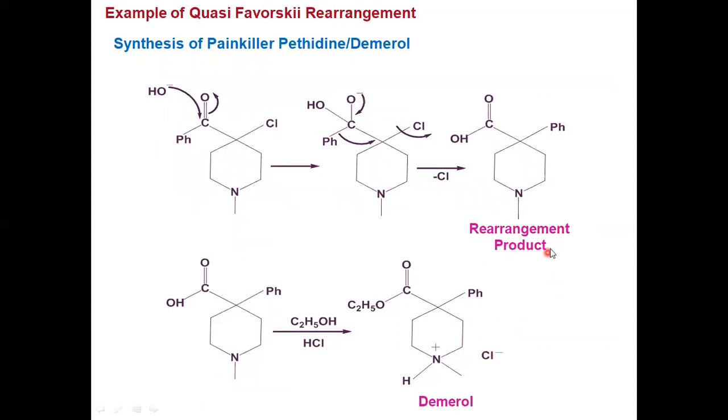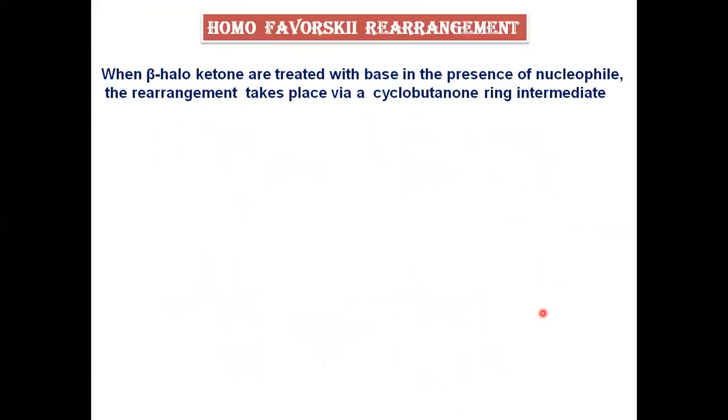This is the rearranged product of the quasi-Favorskii rearrangement. When it reacts with ethanol and HCl, it forms the painkiller Demerol.